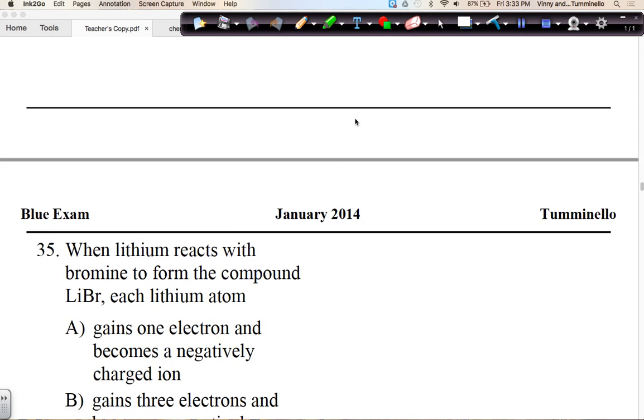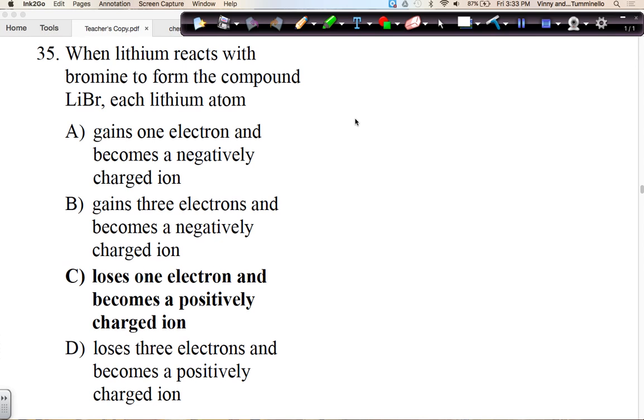For the next question, up to 35 now, it says that when lithium reacts with bromine to form the compound LiBr, each lithium atom... So lithium is our metal, and a lithium atom has one valence electron. Bromine is a nonmetal, and on the periodic table, bromine's electron configuration ends in 7.